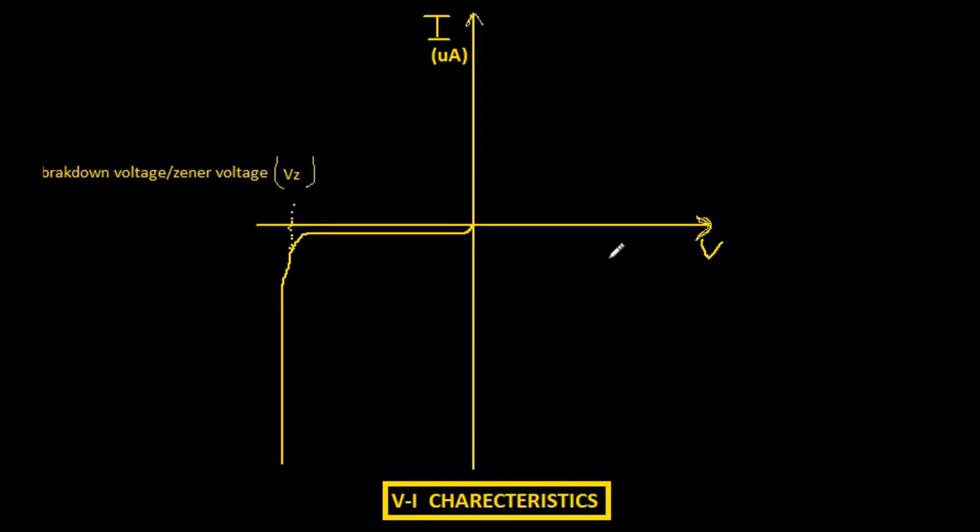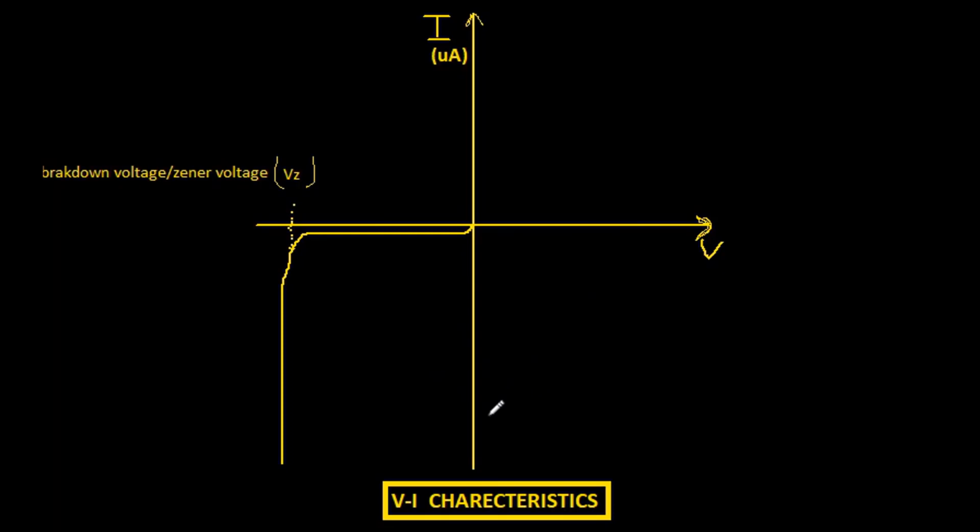As you can see here, this is the VI characteristics, or voltage current characteristics, for a reverse biased PN junction diode. The voltage is plotted on the negative x-axis and the current is plotted on the y-axis. When the applied voltage is gradually increased from zero, then a small amount of current called the leakage current flows in the diode, and the leakage current flows up till this breakdown voltage or knee voltage.